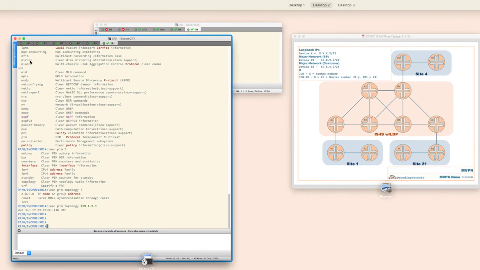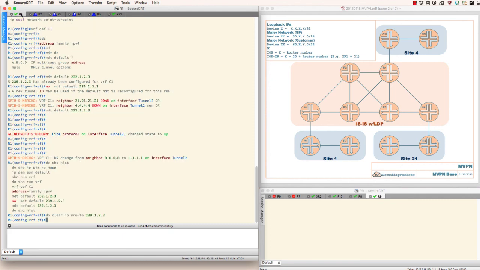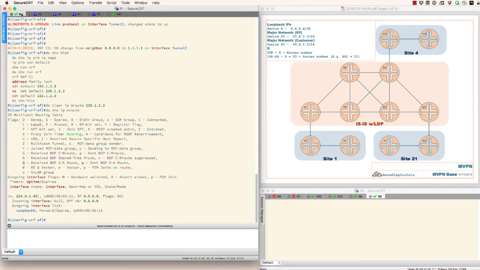So now, on these routers, let's try do show IP mroute on the IOS routers. And you can see that they have not really done anything yet.